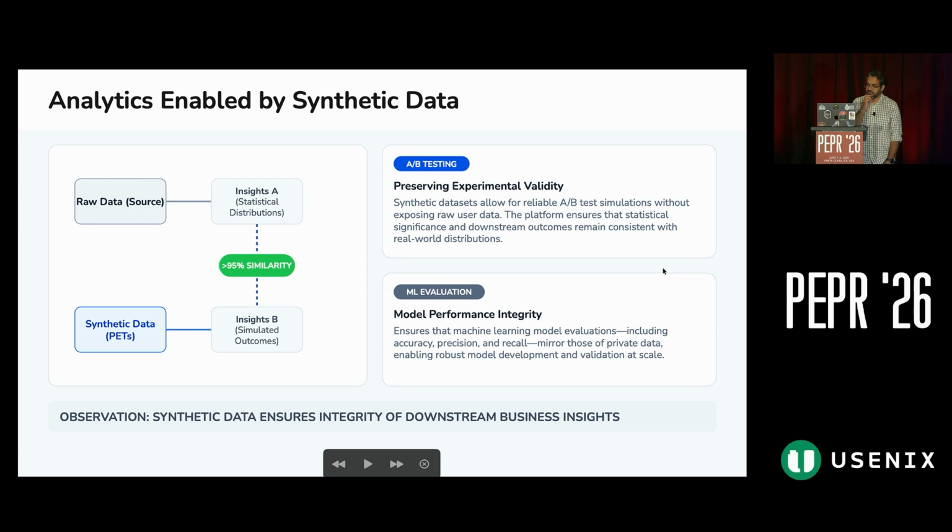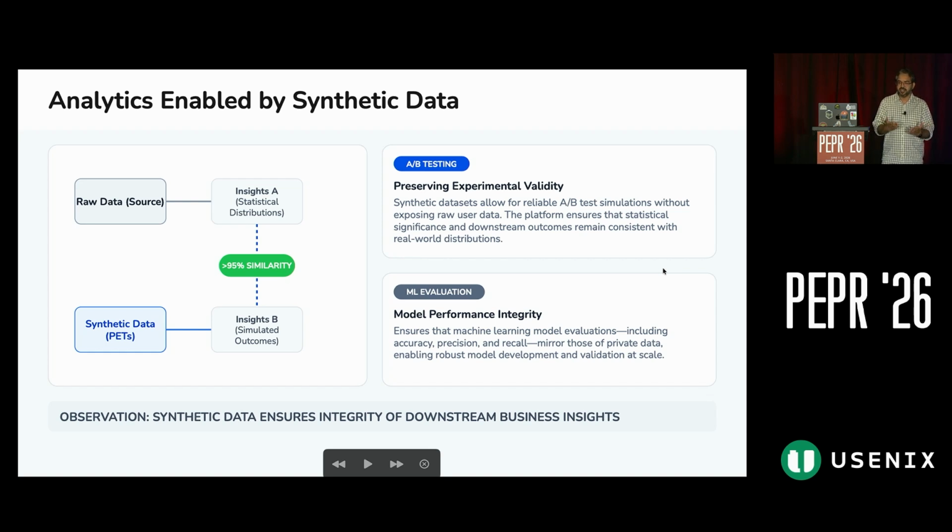The first one being that when you do A/B test, you're essentially comparing 2 different models or 2 different changes, right? And all you really are interested in is the final statistic, which is whatever metric you're looking at, what is the mean value, what is the confidence interval, right? And what we showed is that if you generate differentially private synthetic data, you can retain the correctness of these experimental results up to 95%.